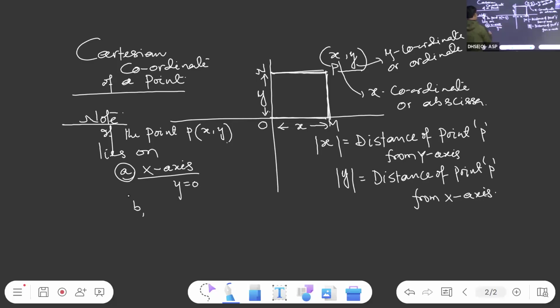If the point lies on y axis, then x is equal to 0. If the point P lies on x axis, then y coordinate is equal to 0. If the point P lies on y axis, then x coordinate is equal to 0. Clear? Quickly note it down.